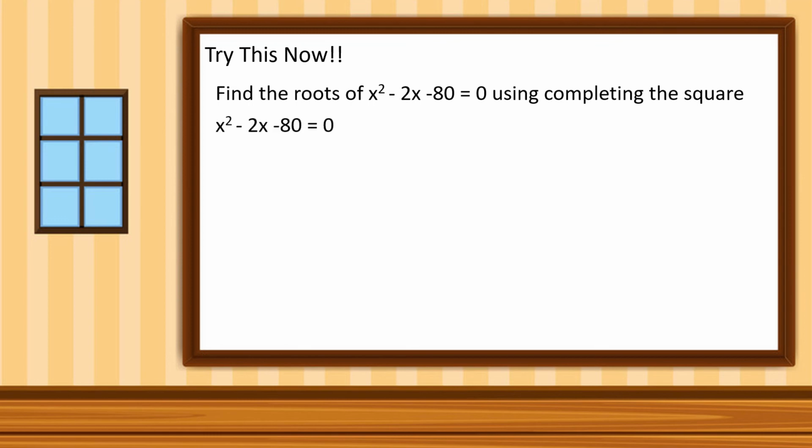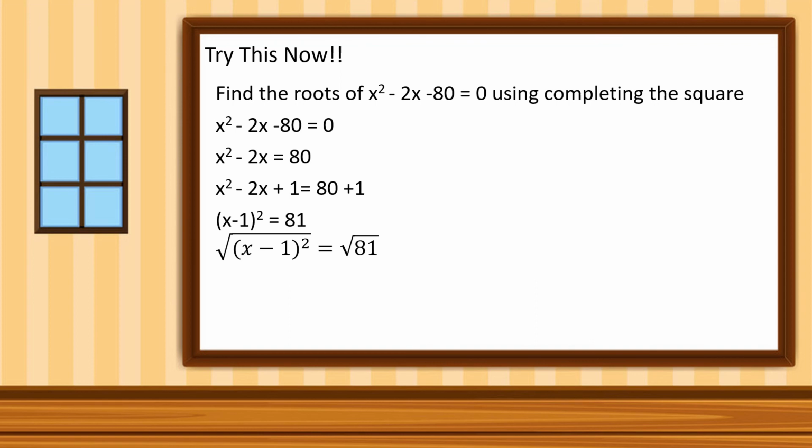X squared minus 2x minus 80 is equal to 0. X squared minus 2x is equal to 80. X squared minus 2x plus 1 is equal to 80 plus 1. So x minus 1 quantity squared is equal to 81. Then extract the square root, or we have square root of x minus 1 quantity squared is equal to square root of 81.